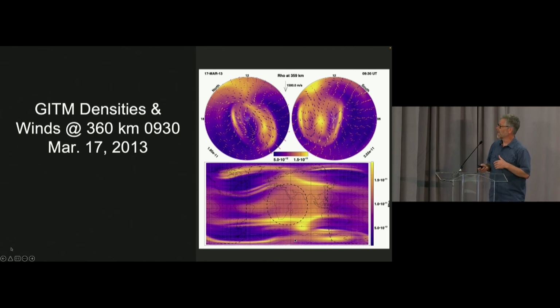So what we've done is we ran the March 17, 2013 storm with GITM, at pretty okay resolution, and then we used high latitude drivers to do this. Then we started to play with the particle precipitation data.